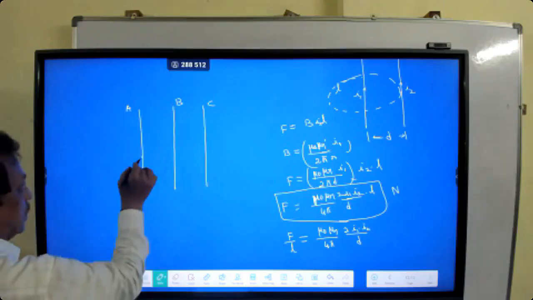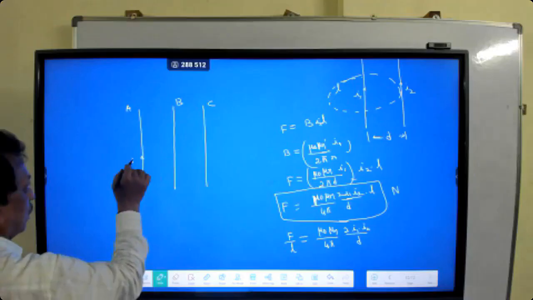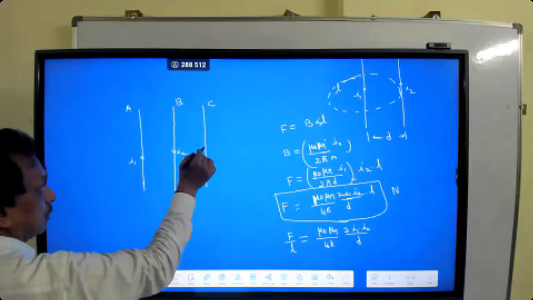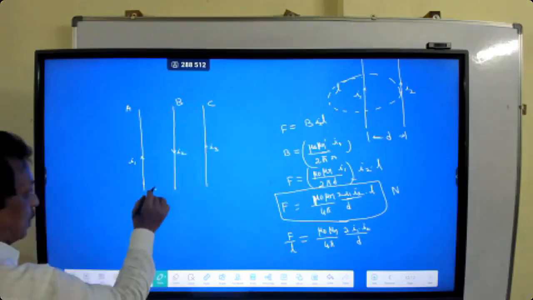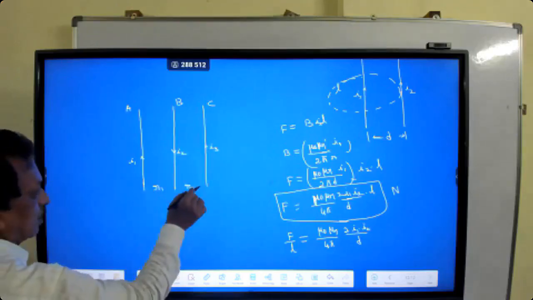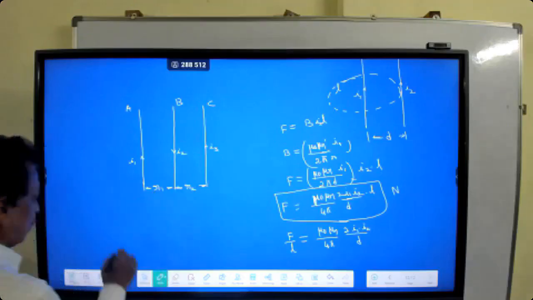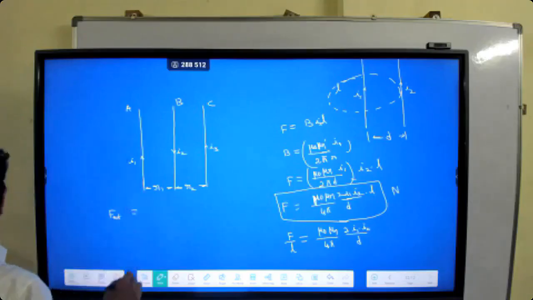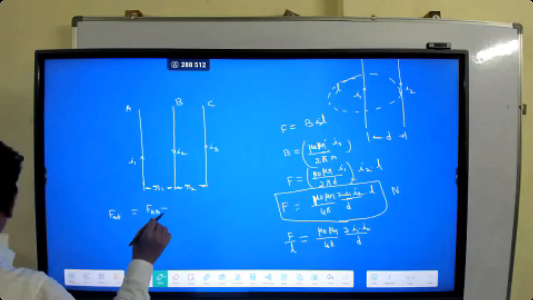In one conductor the current is I in the upward direction. This is I1, this is I2, this is I3. This distance I take as R1, this distance as R2. Then the net force F net is equal to the force between AB minus the force between BC.